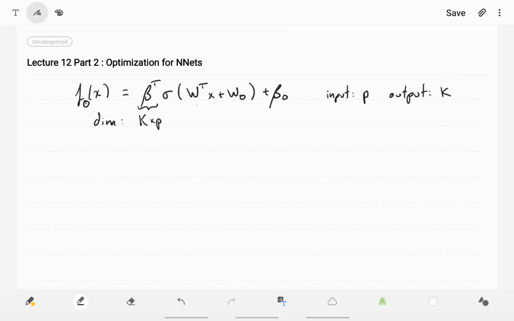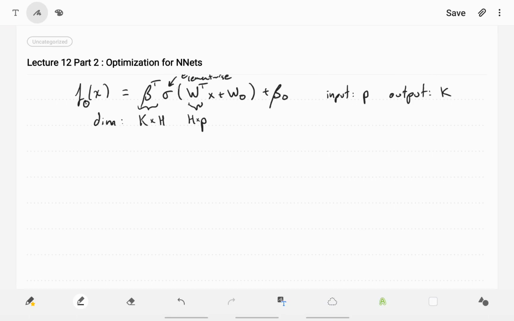This w here has to be h by p. Oops, sorry, this is k by h. H by p is the w here, w transpose, because it has to map the x space, which is p-dimensional, into the number of hidden units. Now this sigmoid applies element-wise.